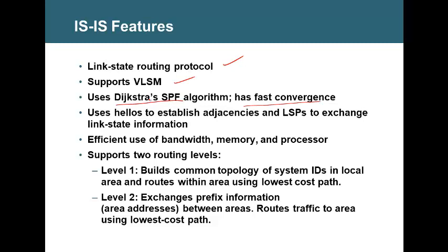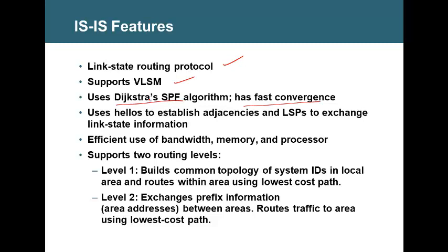This is what exchanges the link state information between neighboring routers. Now, what is the address to which hello packets are sent? If you take OSPF, we have a layer 3 multicast address, 224.0.0.5.